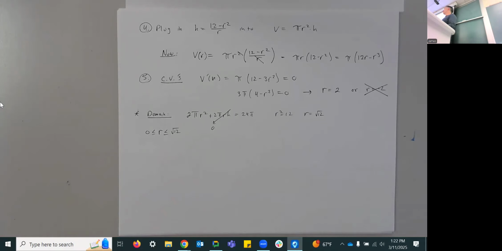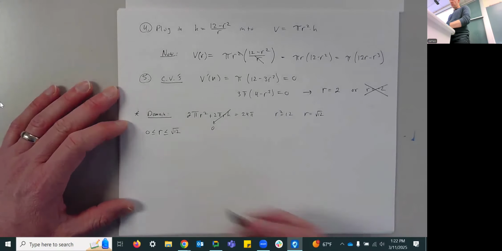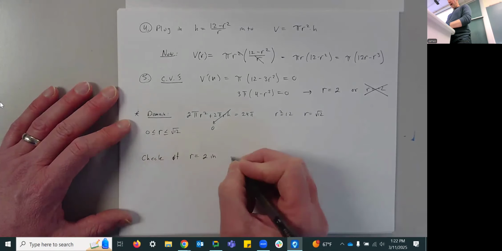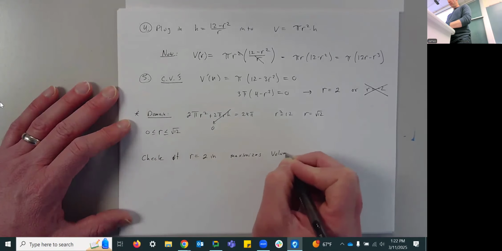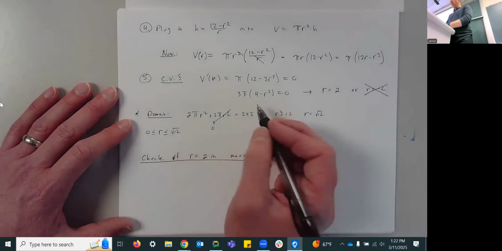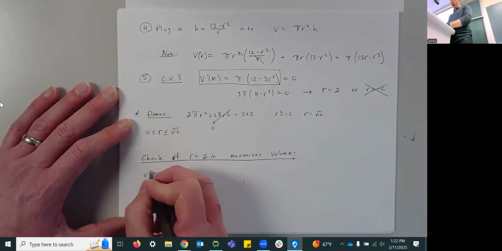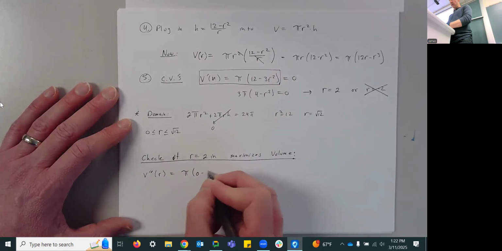You could check in one of three ways, depending on the problem. You could use the second derivative test. So we're going to check if r equal to 2 inches actually maximizes the volume. Here's our first derivative again right here. Our second derivative, V double prime of r, would be pi times (0 minus 6r).